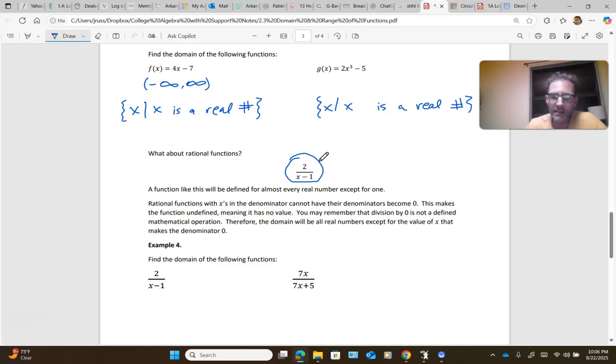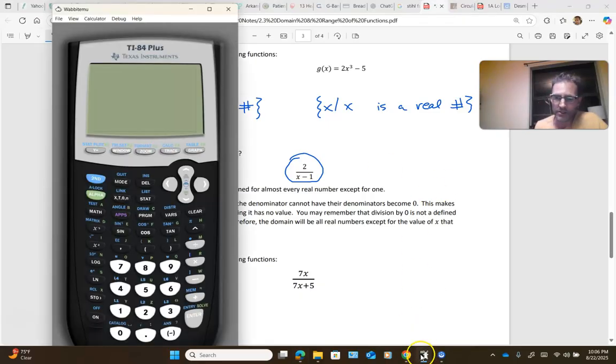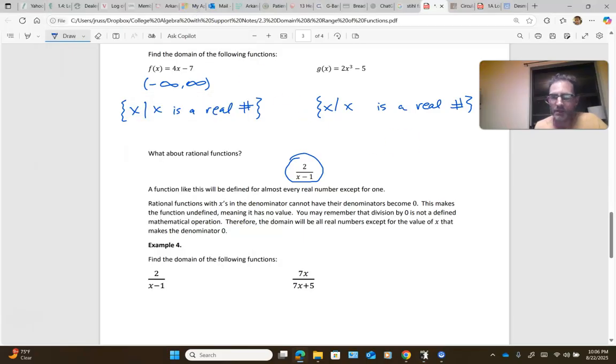In fact, if you try this in your calculator, and I think that we did this, let's say the number 10, for example. Let's say I try to divide this by 0. Well, I get an error message, because division by 0 is undefined.